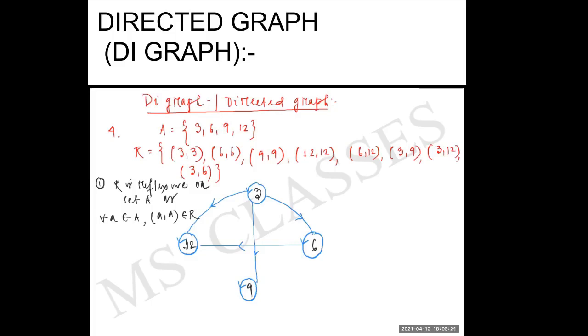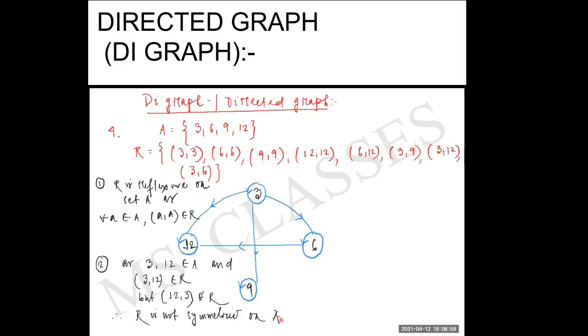So write it down: as (3, 12) belongs to A and (3, 12) belongs to R, but (12, 3) does not belong to R. Therefore, R is not symmetric on A.